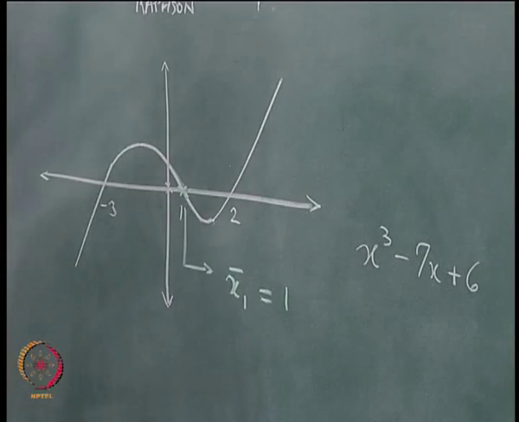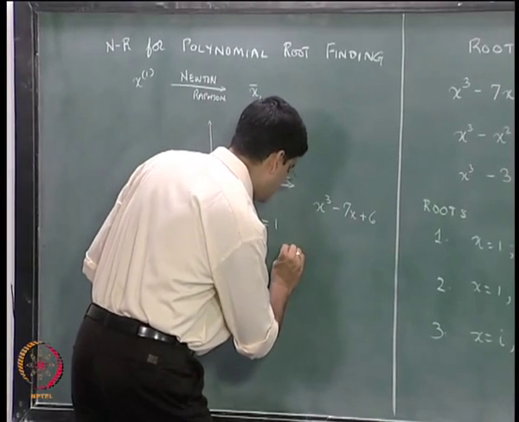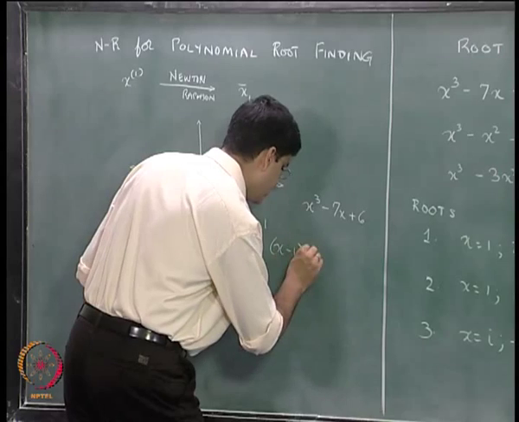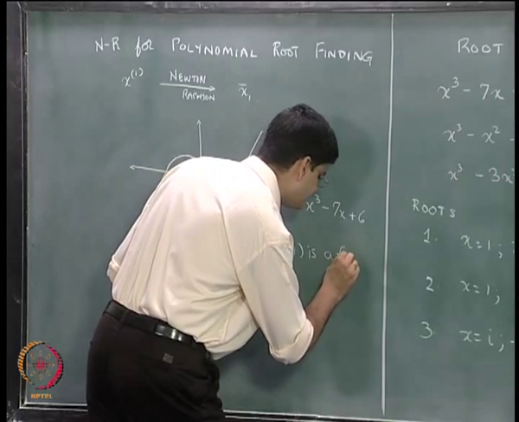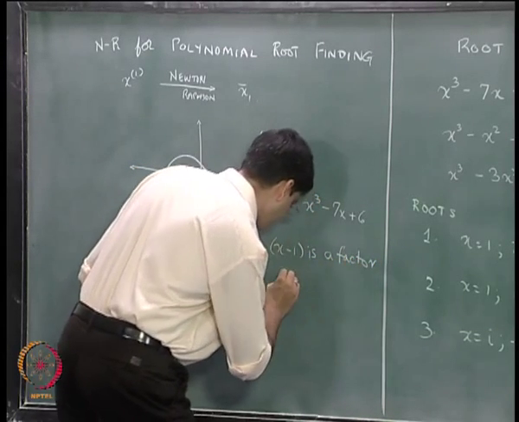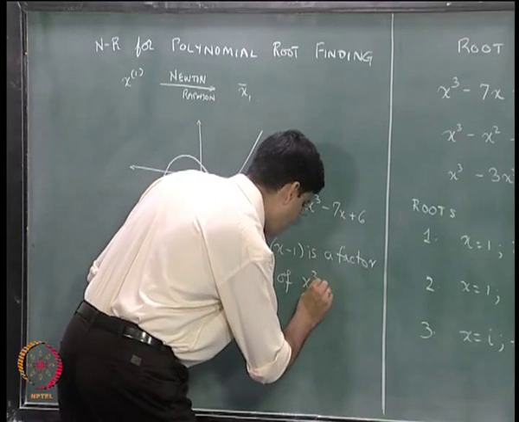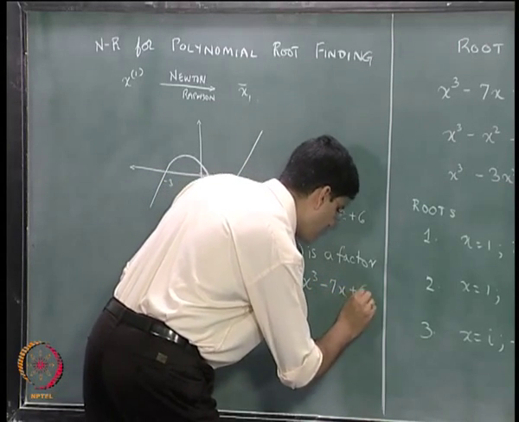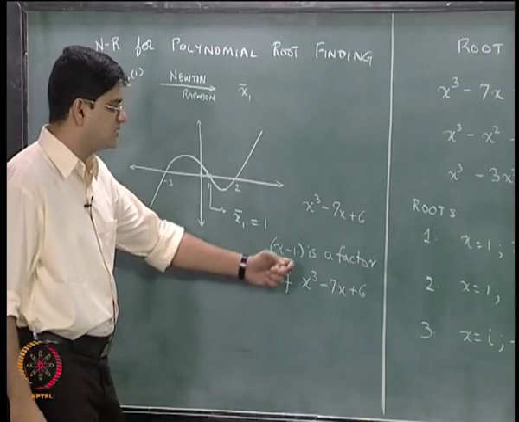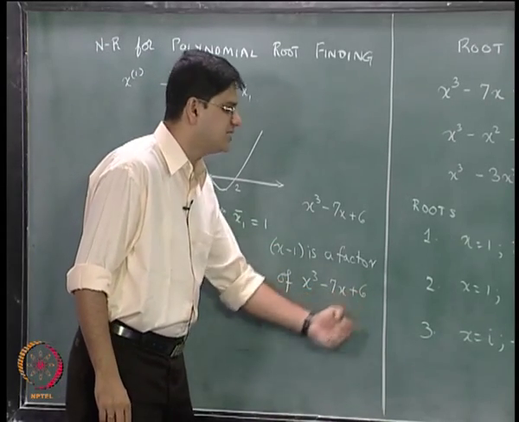So what does that mean? That just means that x minus 1 is a factor of x cube minus 7x plus 6.